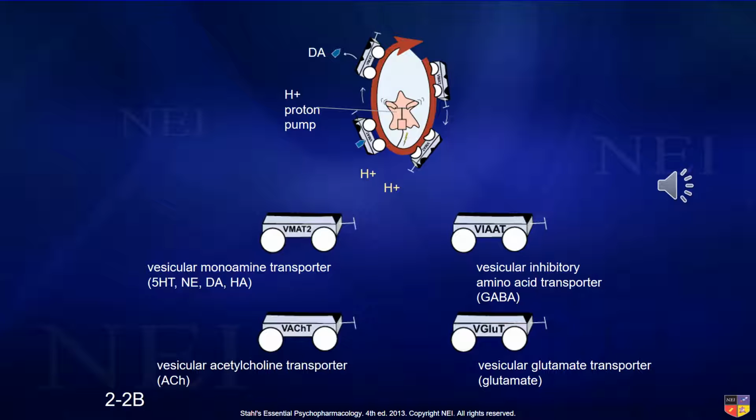And there are quite a few of those, as you see there at the bottom. You don't need to memorize all of that, but just to know that there is a vesicular monoamine transporter for serotonin, norepinephrine, dopamine, and histamine. There is an inhibitory transporter for GABA, and then there's the acetylcholine, so each of them has their own transporter into the vesicular sac.